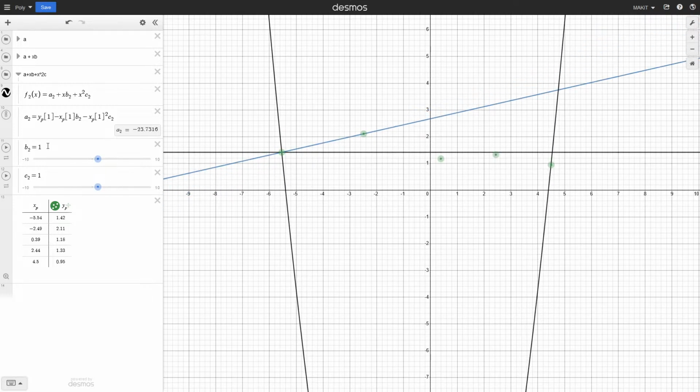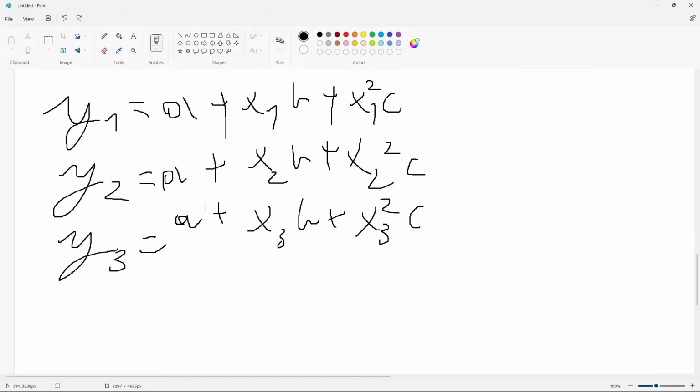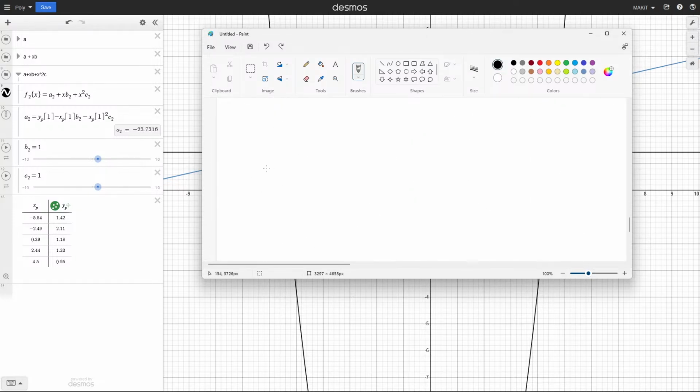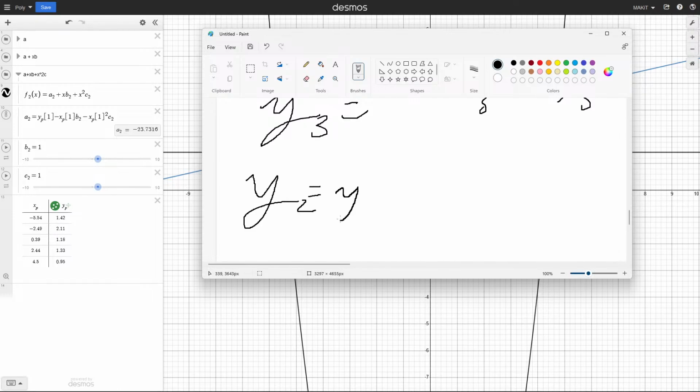Now with b. How do we do it with b? Well, with b, we already know the way to do it. We did that. So basically, we first insert what we already know for a, which basically means we create y2 is equal to y1 minus.